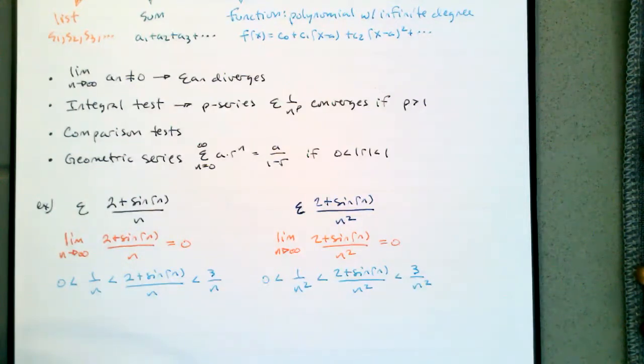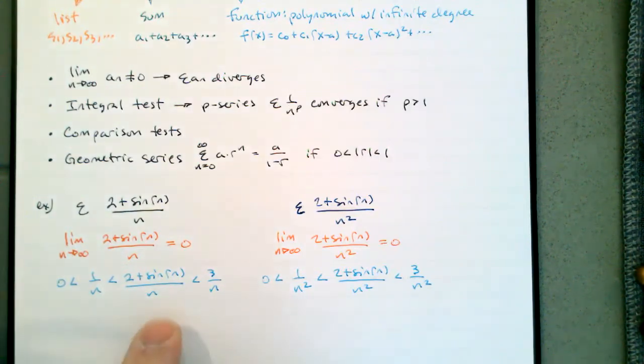So the evidence that we collected yesterday was that in both cases, the limit of the terms is equal to 0. That just means that the series don't diverge immediately. We don't just automatically say they diverge. The terms go to 0, so we have to look further to decide if things converge or diverge.